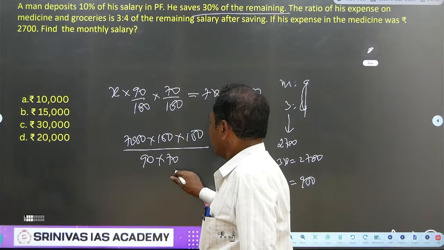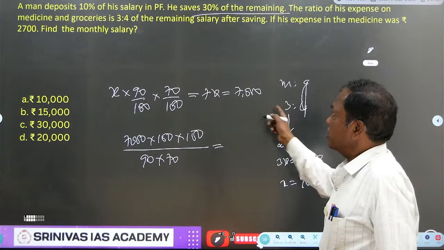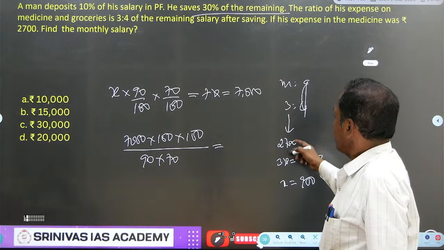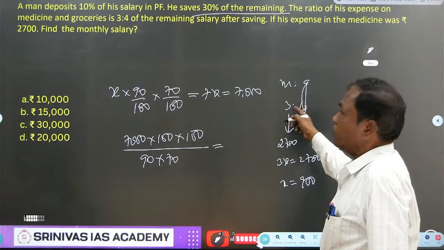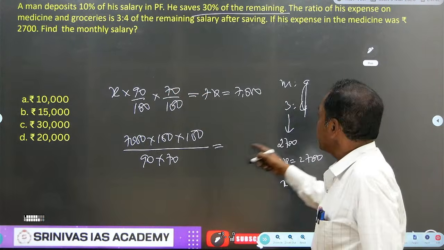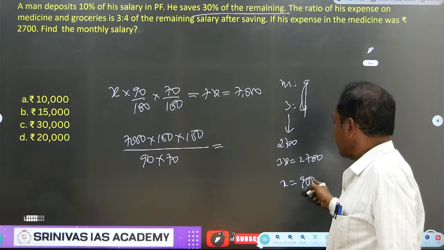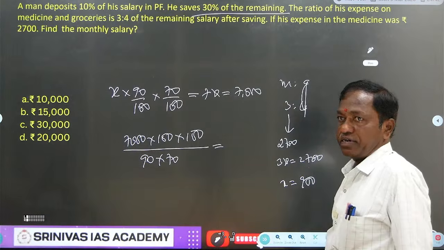Because ratio 3:4, total 7. I got 7x. That is why this is 3:4. Medicine is to groceries. Medicine money is given, 2,700. Medicine ratio is 3x. 3x equals 2,700. X value is what? 900.